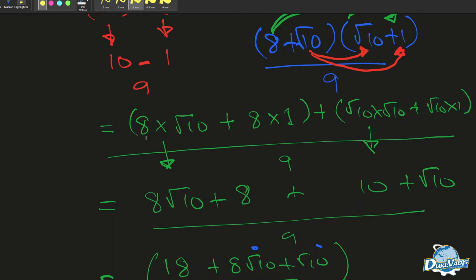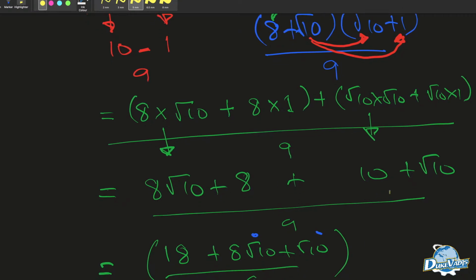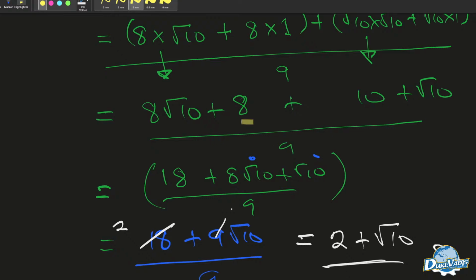We know 8 times root 10 is 8 root 10. And 8 times 1 is 8. Plus root 10 times root 10 is 10. Okay? So plus 10. So you see, we can't add this. We have to add the like terms. So the like terms, we have 8.